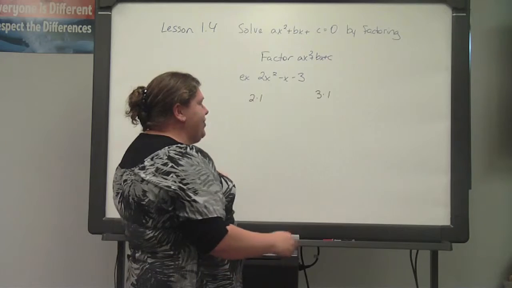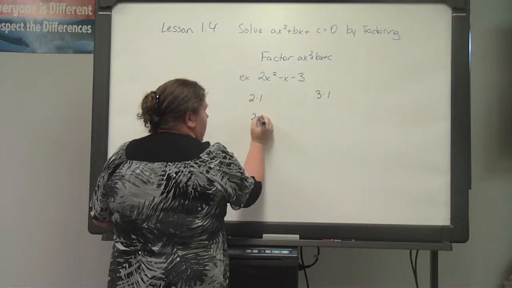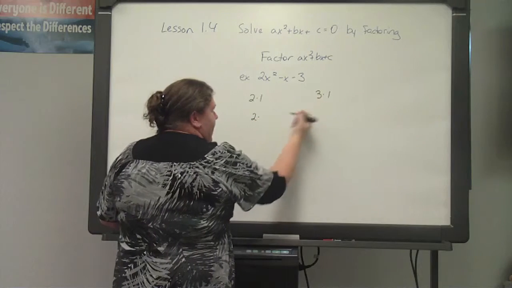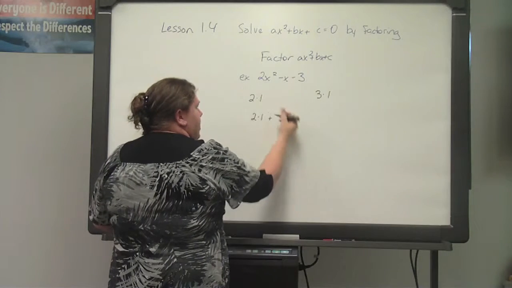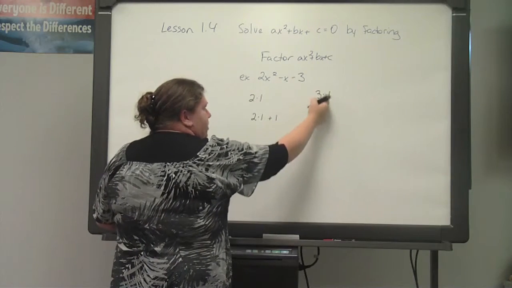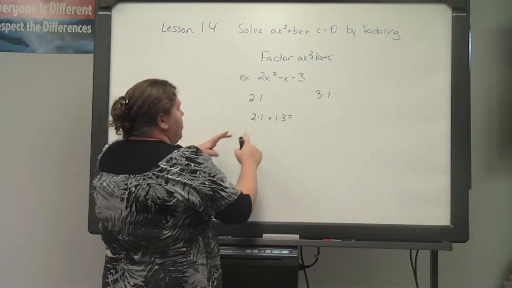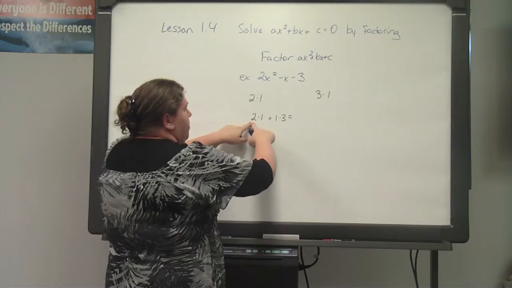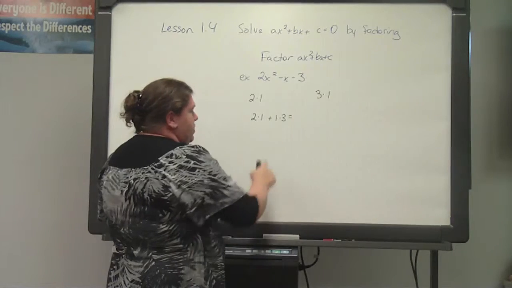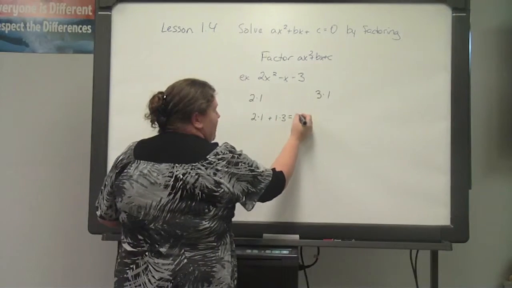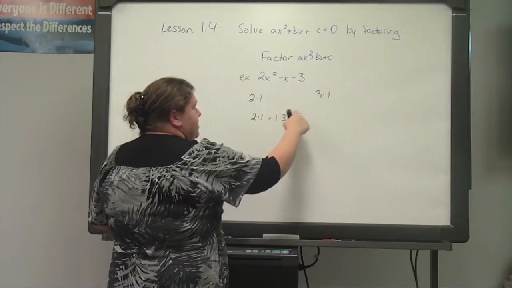So I'm going to say: a factor of the first number, 2, times a factor of the last number, 1, plus a factor of the first number, my 1, times a factor of my last number, 3. I'm looking at this and it's 2 plus 3, but one of these has to be a negative. If all this is positive, 2 times 1 plus 1 times 3 gives me a positive 5.